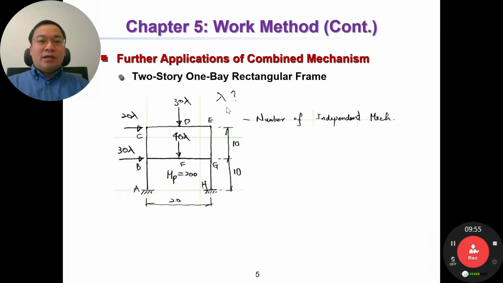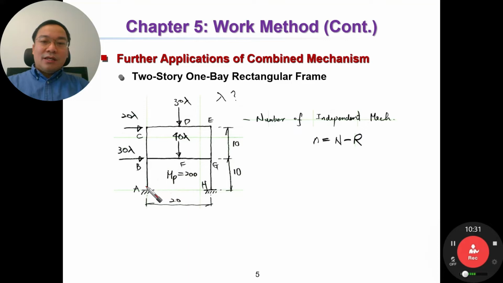Okay, here we go. First, we have to determine the number of independent mechanisms. How to determine it? First, we use this equation: small n equals upper N minus R. What is upper N? It is the number of critical sections where a plastic hinge might form.